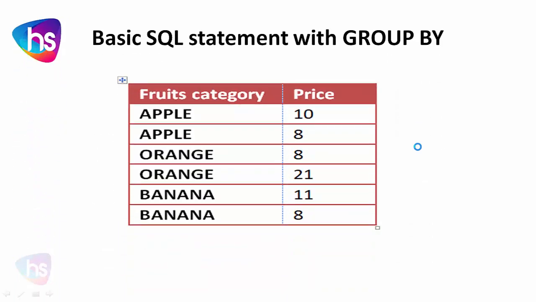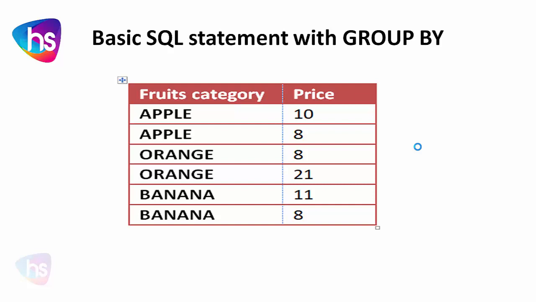Let's see here. The basic SQL statement with GROUP BY is prepared. The table has multiple data rows with the same name. Like the fruits category has apple, and again there is another apple row, and the prices may differ.